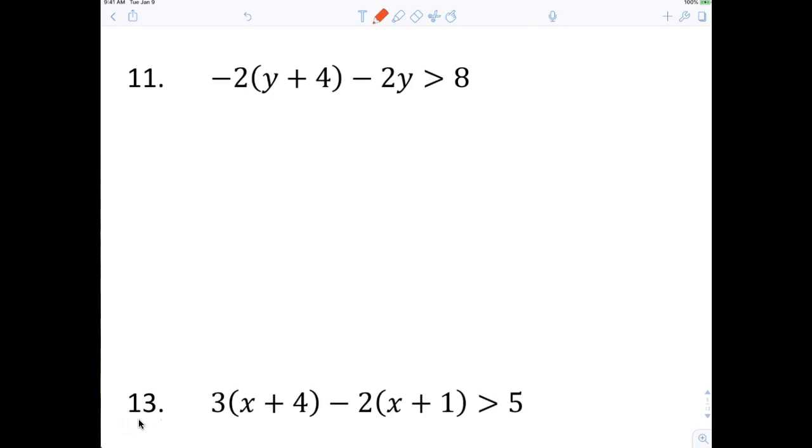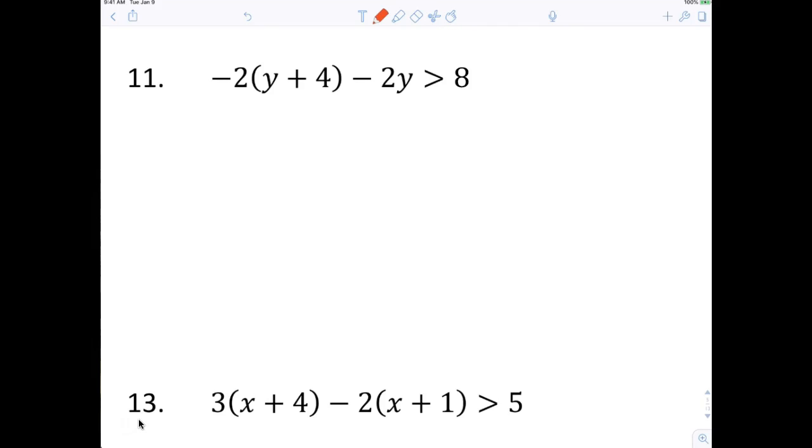Now, let's divide by. Divide by negative, change the sign. So what's greater than that?